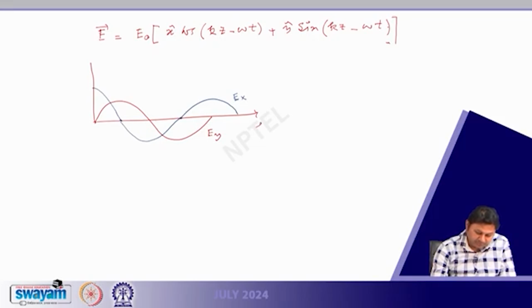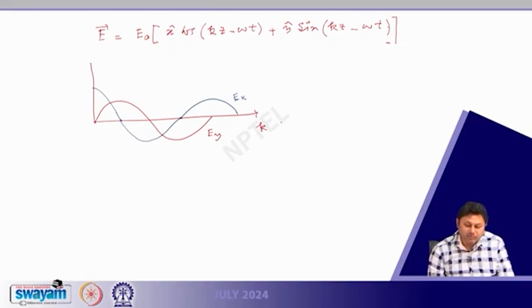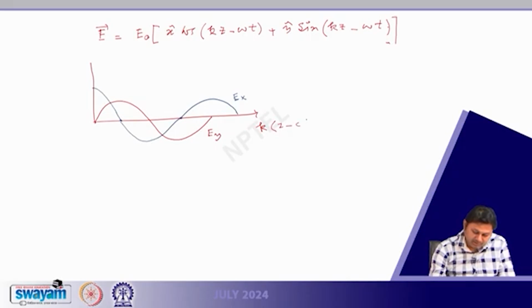So, it is moving in this direction. So, if I take k common, then it should be z minus ct, where c is a velocity, omega by k.